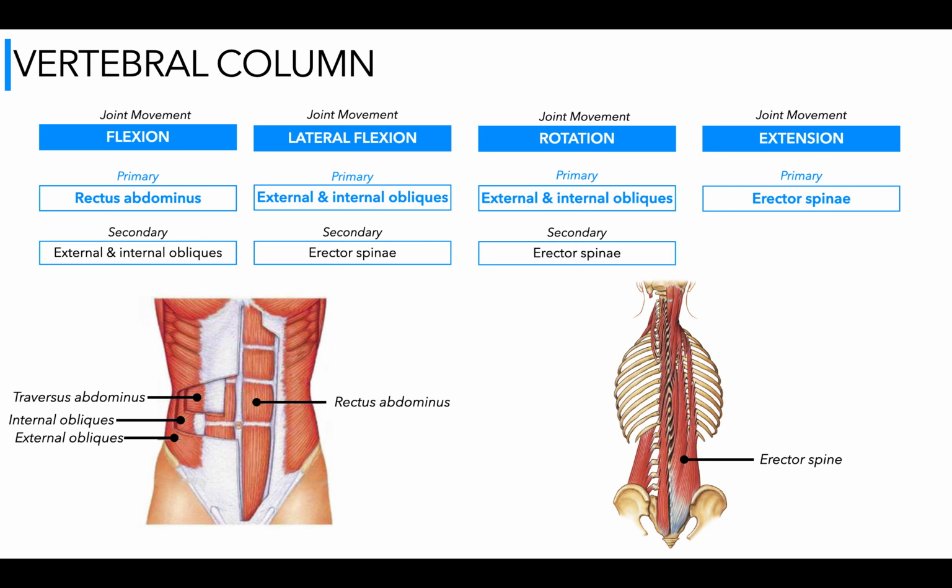So it's an antagonistic pair with the rectus abdominis. The secondary muscle here is the multifidus, which we need to know, but it plays a secondary role. Now, ideally, you'd always write erector spinae there, but if you were specifically asked in an exam question, what is the role of the multifidus, it's involved in spinal extension, vertebral column extension, I should say.